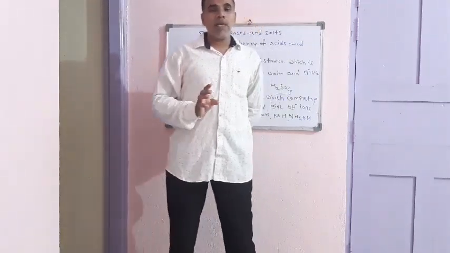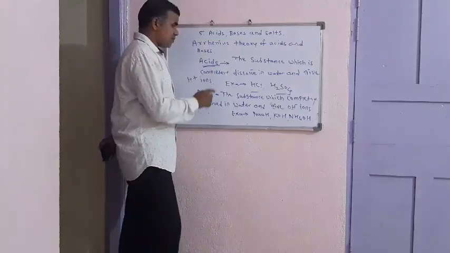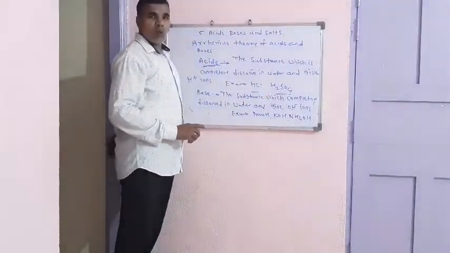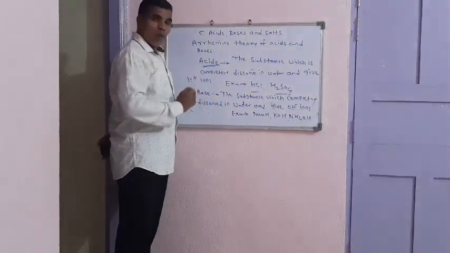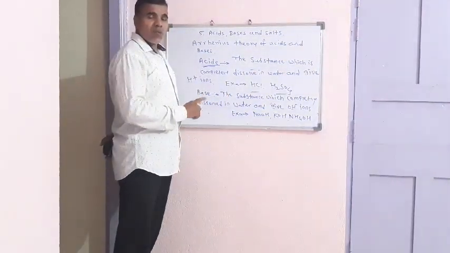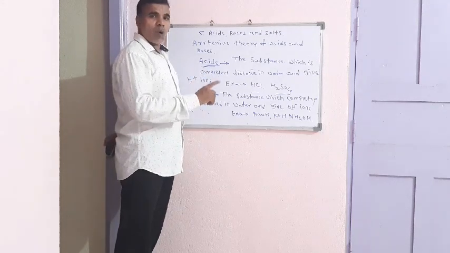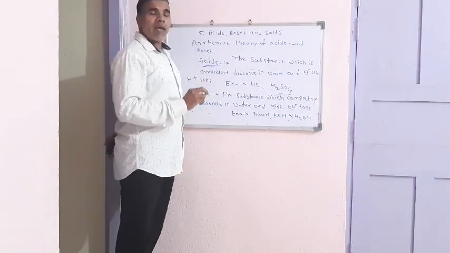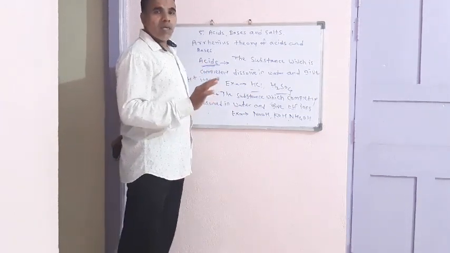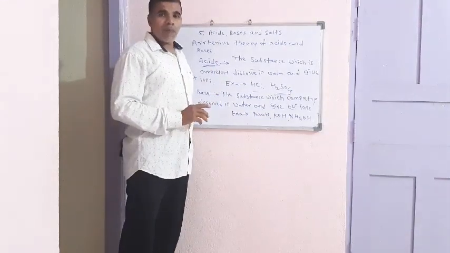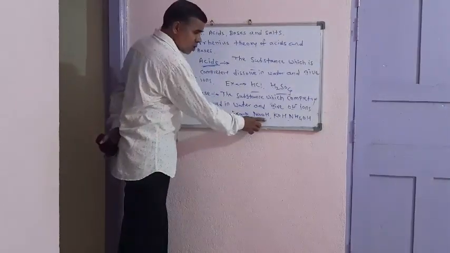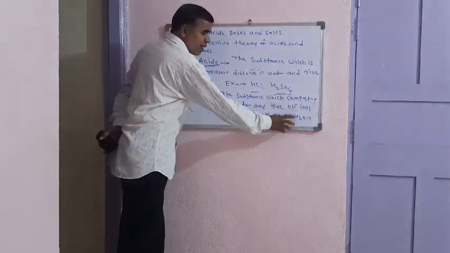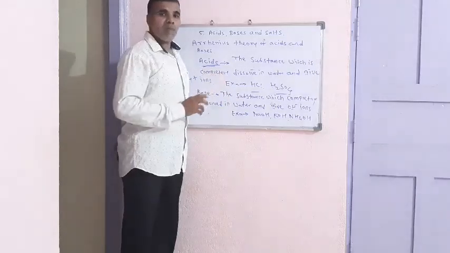Example: HCl, hydrochloric acid, and H2SO4, sulfuric acid. Bases: the substance which completely dissolves in water and gives OH minus ions and basic radical is called a base. Example: NaOH, sodium hydroxide, KOH, potassium hydroxide, NH4OH, these are some bases.